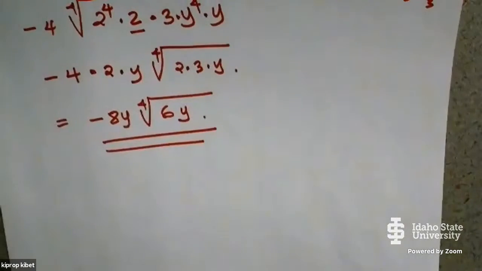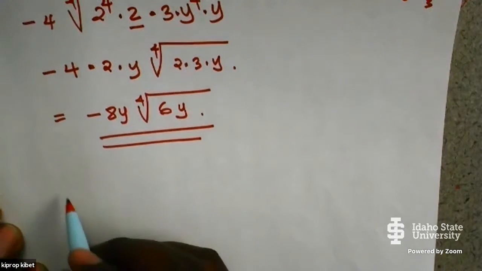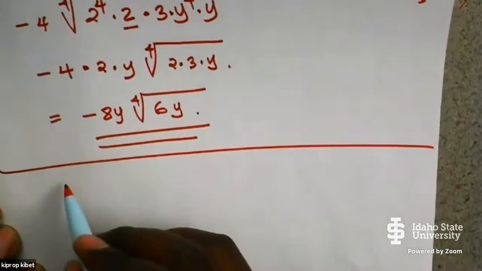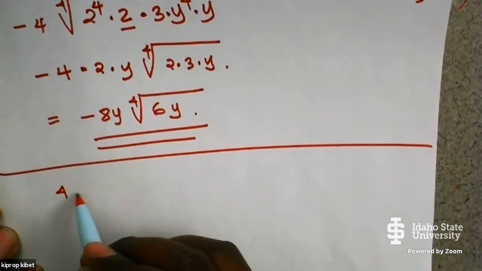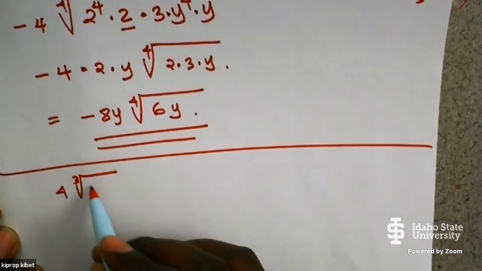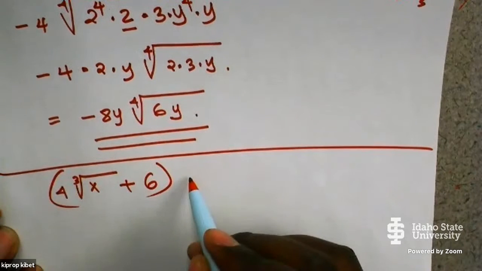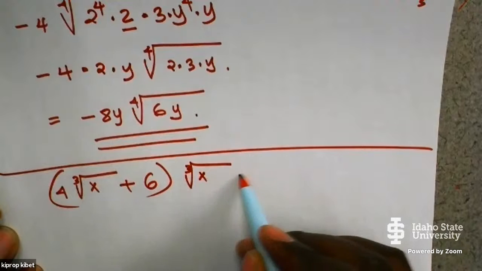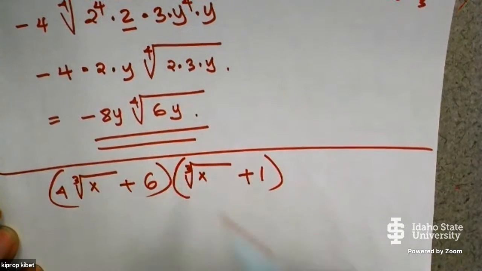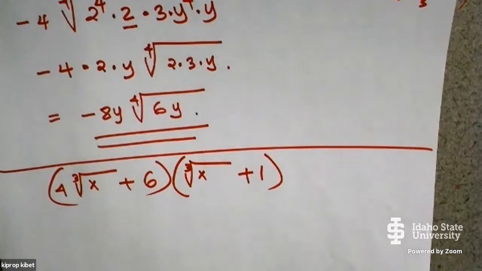Now, if you're given another example, let's say you're given 4 times the cube root of x plus 6, and then the cube root of x plus 1. They're given something like this.